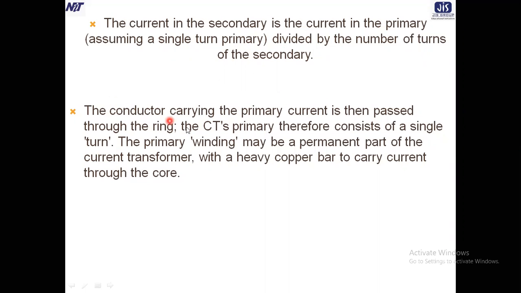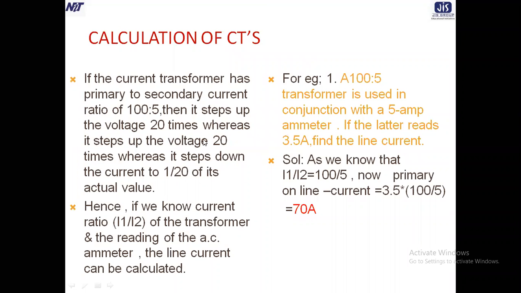And then finally, the conductor carrying the primary current is passed through the ring. The series primary therefore consists of a single turn. The primary winding may be a permanent part of the current transformer, with a heavy copper bar to carry current through the core. So these are the calculations of CTs.